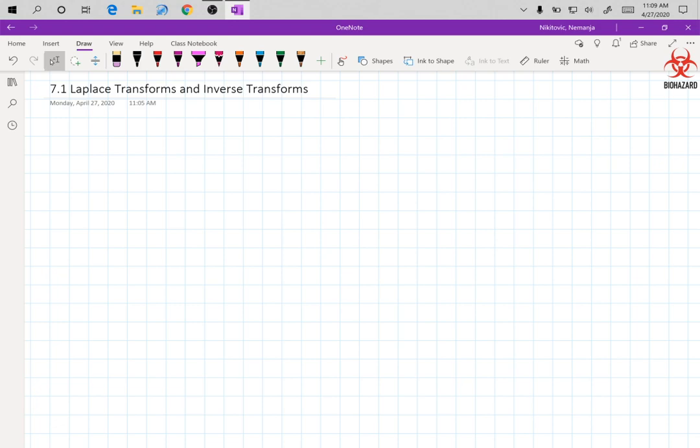When you completely change it like that, it's a transformation. So everything changed. The variable changed and the function changed. So what is the definition of the Laplace transform? And obviously we're going to calculate a couple of these to show.